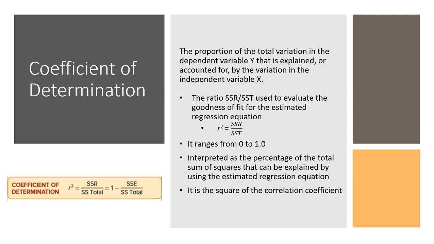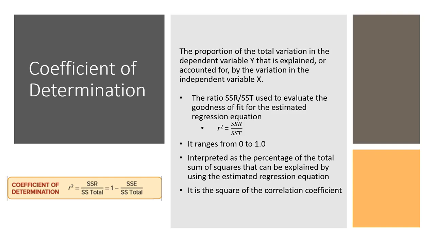What this really means is the total percentage of the sum of squares that can be explained in our outcome variable, our y variable, by using the x predictor variable in our regression equation. Basically, it provides a more interpretable measure of our regression equation's ability to predict.